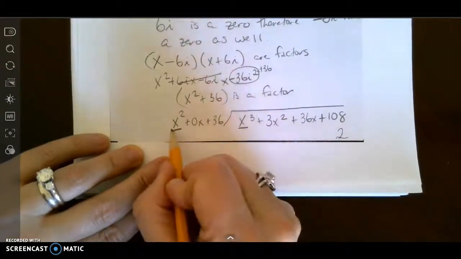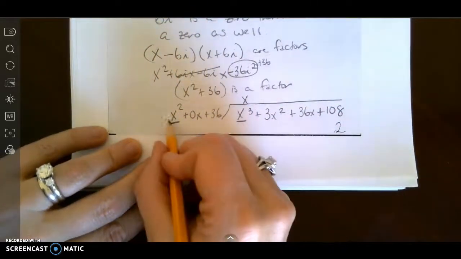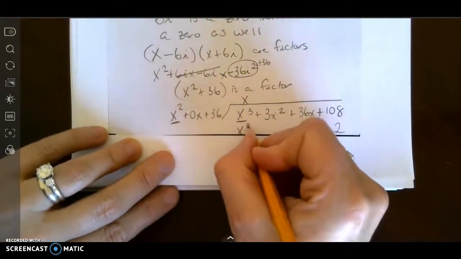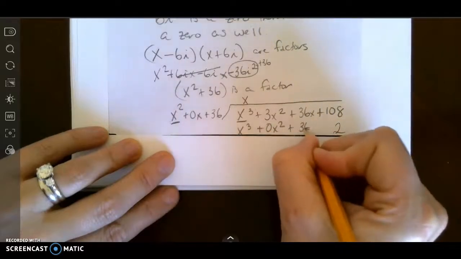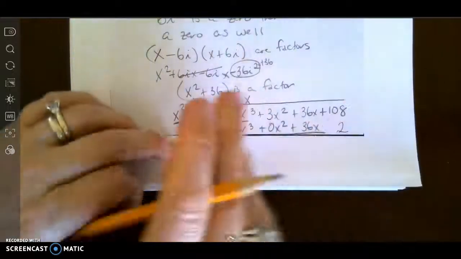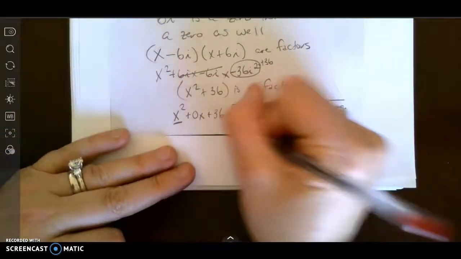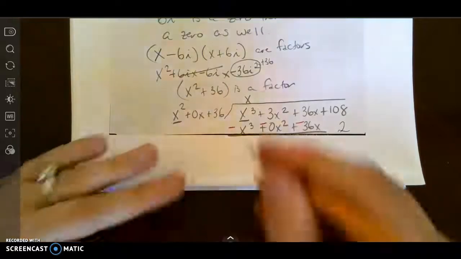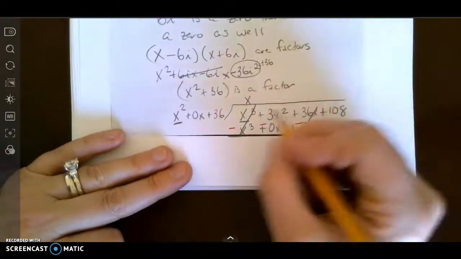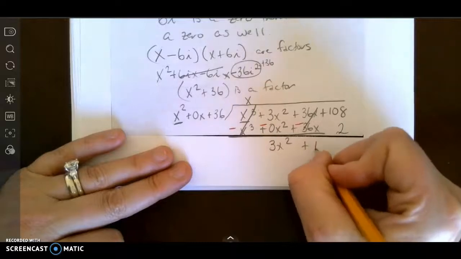X cubed divided by x squared is x. When I multiply x times this trinomial, I get x cubed plus 0x squared plus 36x. Because I'm subtracting, I'm going to change all my signs. Negative, negative, negative. This cancels, and so does this, and I'm left with 3x squared. Carry down the 108.